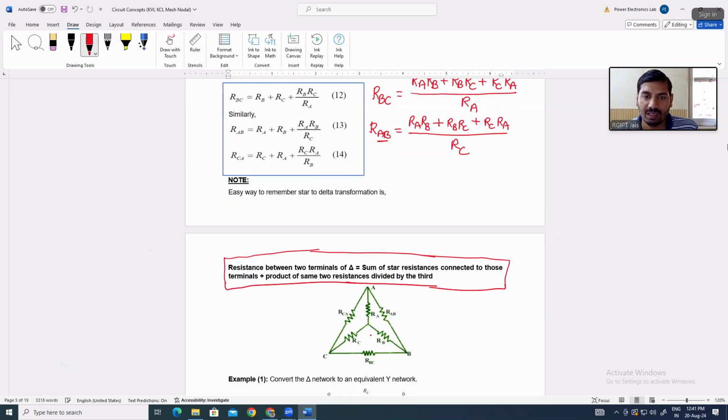Means this network is connected in delta, so we can find out the values of delta connected elements RAB, RBC and RCA. Okay, where the value of RAB will be RA plus RB plus RARB divided by RC. Okay, RAB is equal to RA plus RB plus RARB divided by RC. Third resistance will divide here. Clear? Does anyone have any doubt? Do you have any doubt till now?